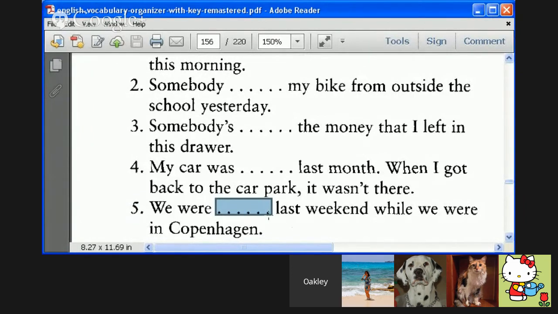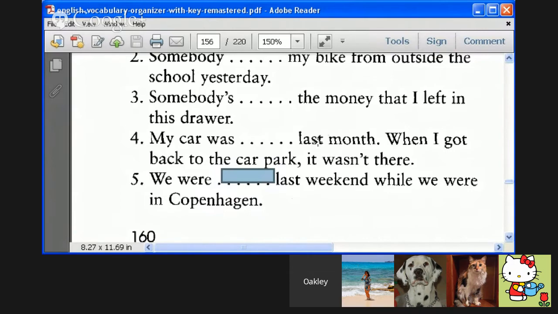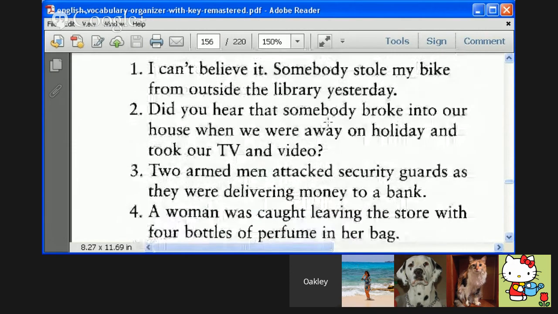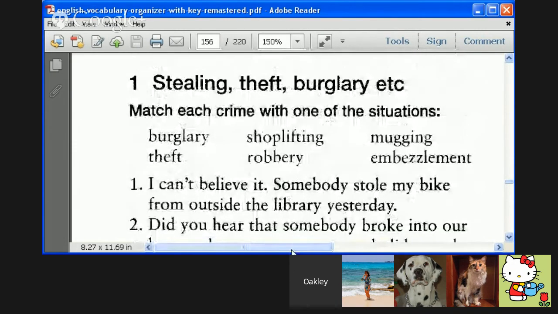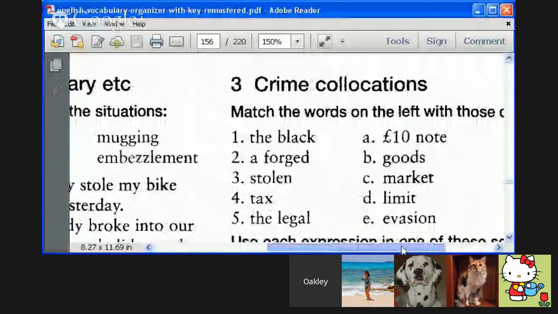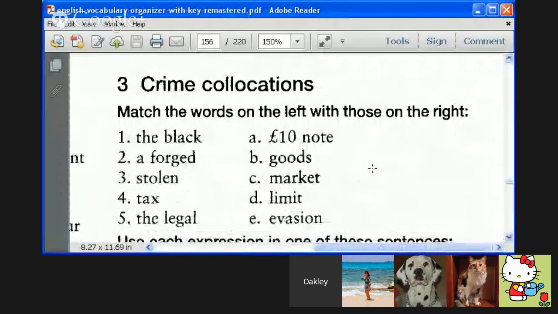It could be past continuous, we were robbing last weekend, or it could be passive, we were robbed last weekend. Either one would be grammatically correct here, and possible if you're a couple of thieves. Oh yeah, we were robbing people last weekend while we were on vacation. That's just how we roll.